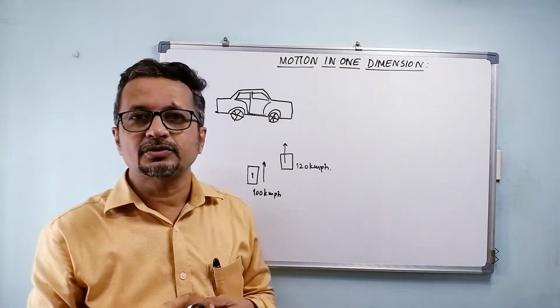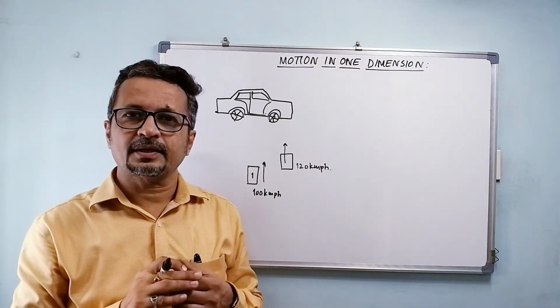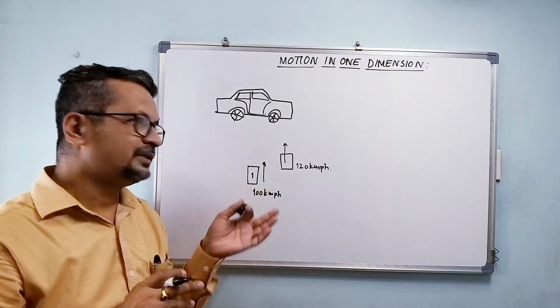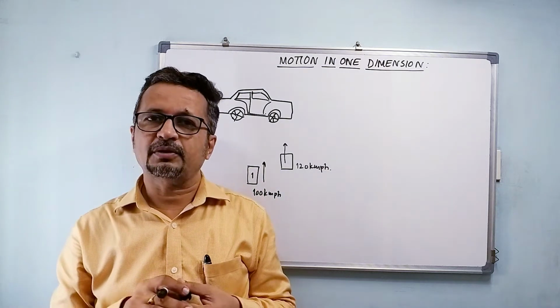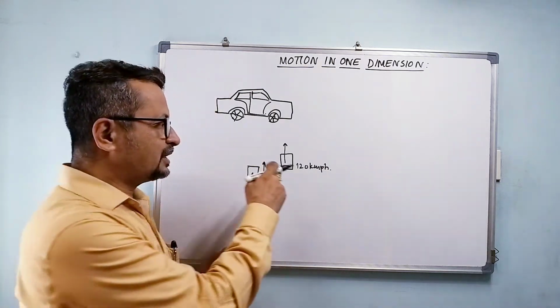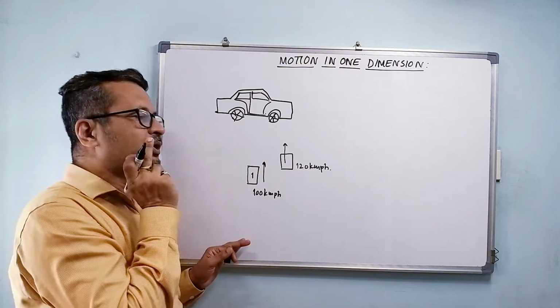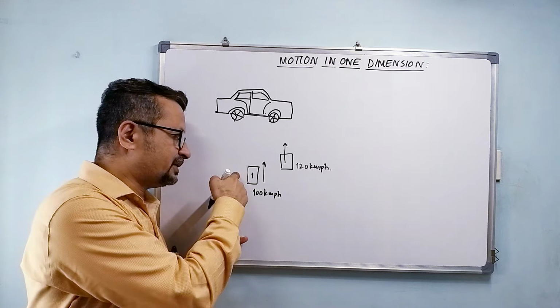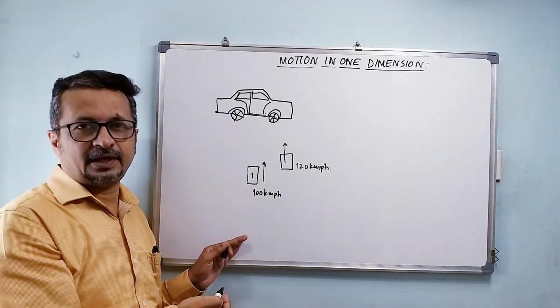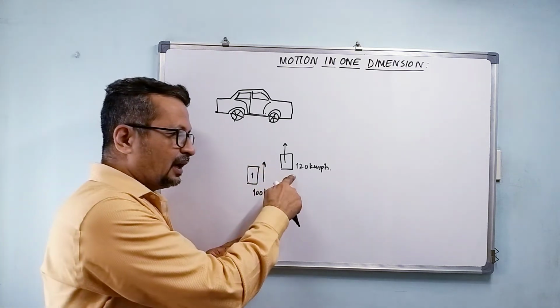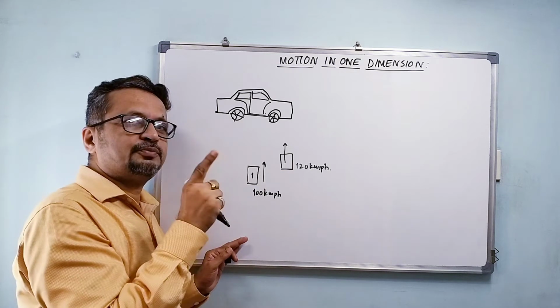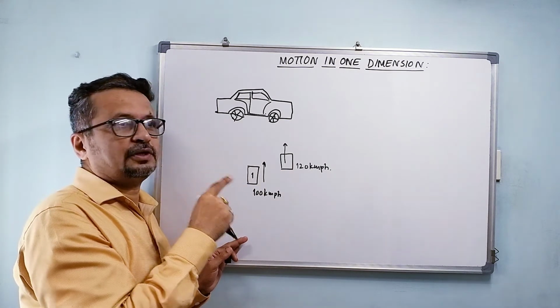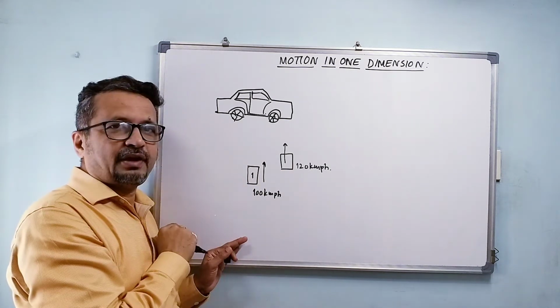So what is the difference in their speeds? The difference in their speeds is just 20 kilometer per hour. That means this car would appear to be moving with a speed of 20 kilometer per hour to this driver, correct?